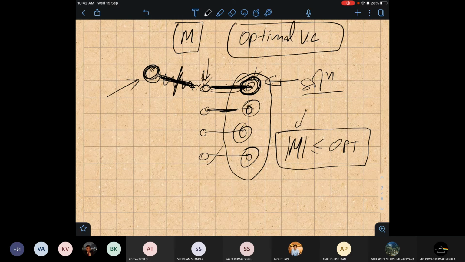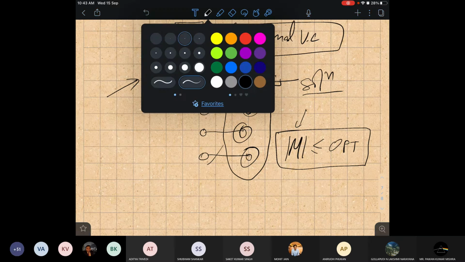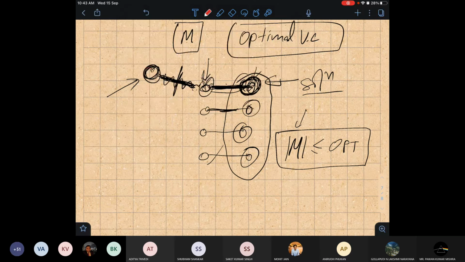I agree, but at least for this edge I need one of them. Yes, it's a maximal matching. I'm saying optimal can have more nodes also.